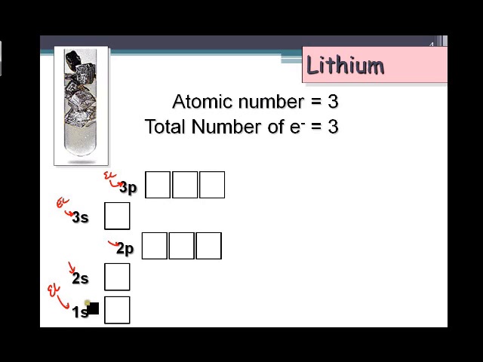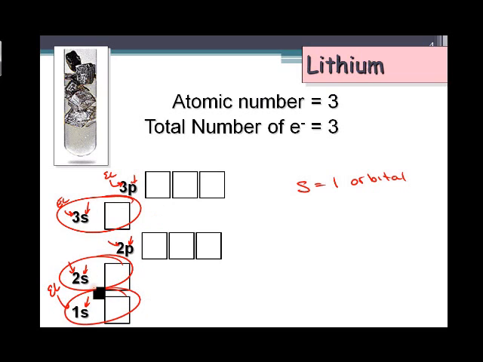We have our sublevels, S and P, and we have those orbitals that we've talked about before. Remember that the S sublevel has 1 orbital. That's why there's only 1 box here. The P sublevel has 3 orbitals. 1, 2, 3, 1, 2, 3.